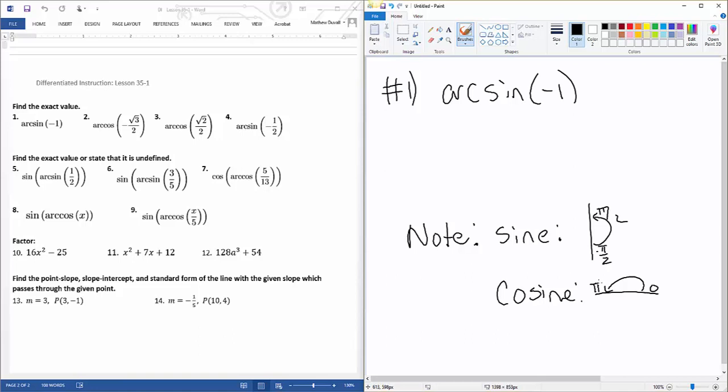It has to be that way. If you don't write your angles from 0 to π on cosine, or from -π/2 to +π/2 on sine, technically it's wrong. So we have to be careful of that. For example, I know that my sine value is -1 at 3π/2, but I can't write it as 3π/2. I'd have to write it as -π/2.